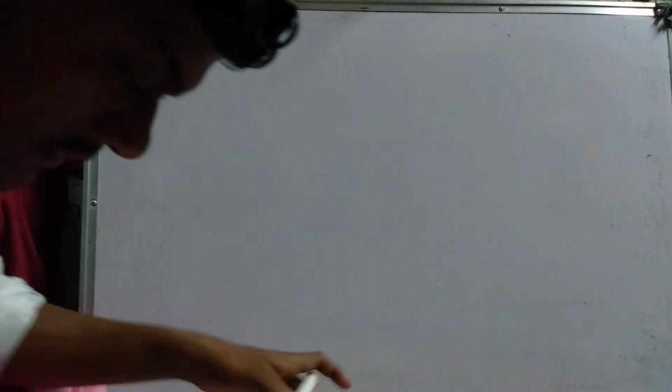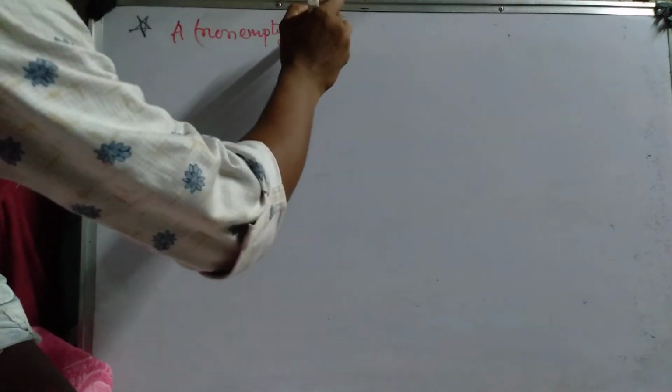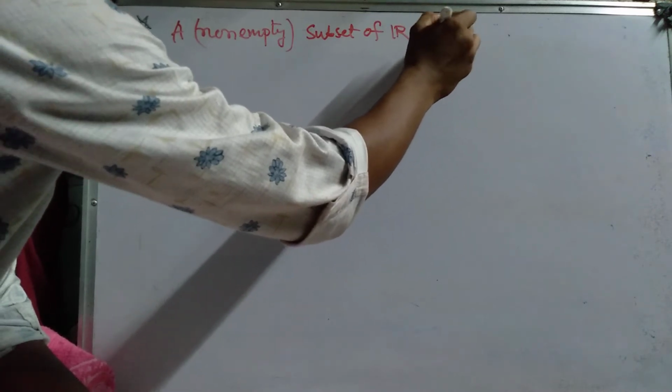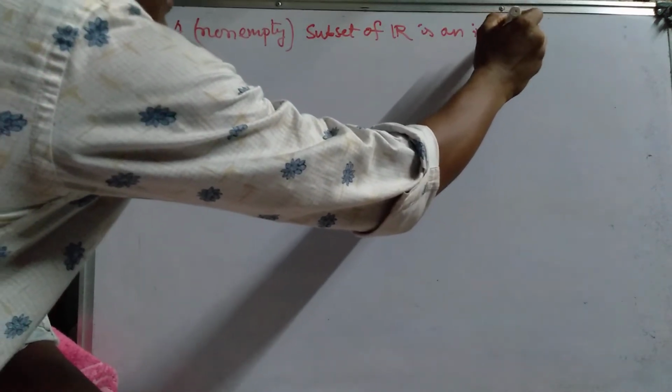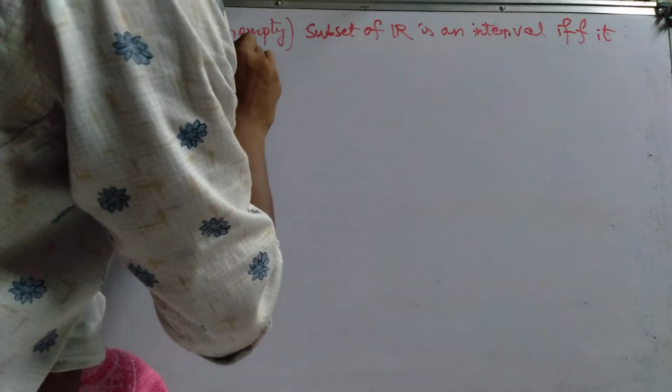We have to show that, and this is an important question. We mark it: a non-empty subset of R is an interval if and only if it is convex.